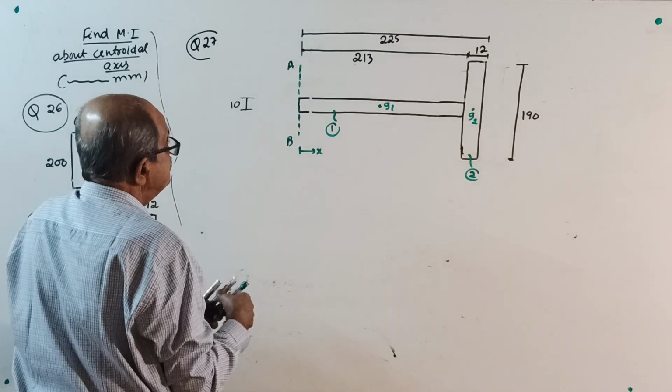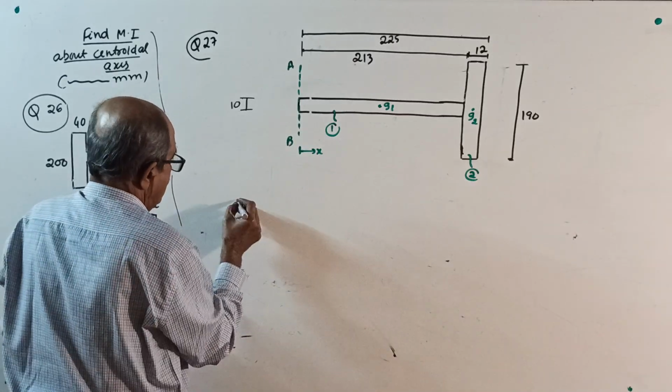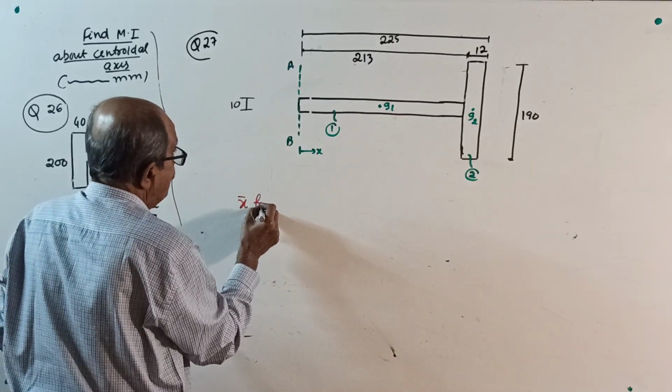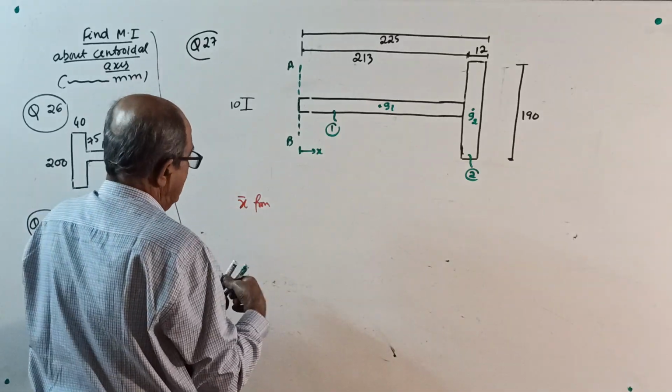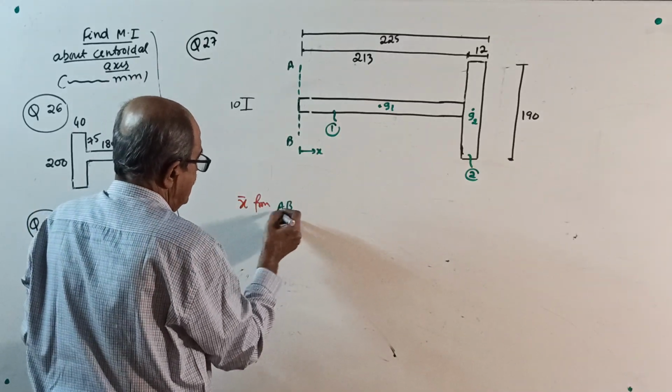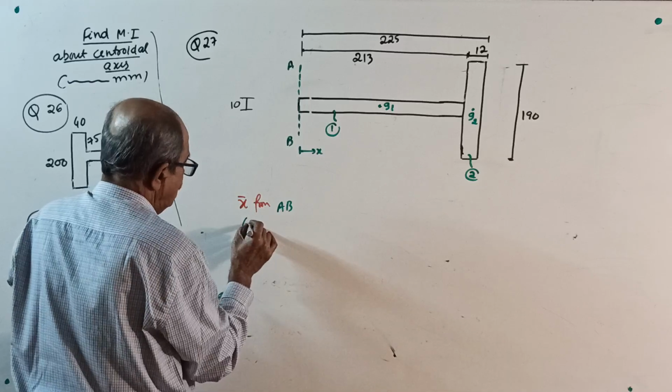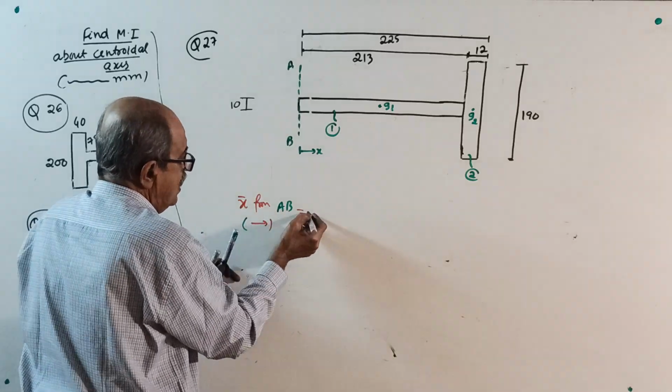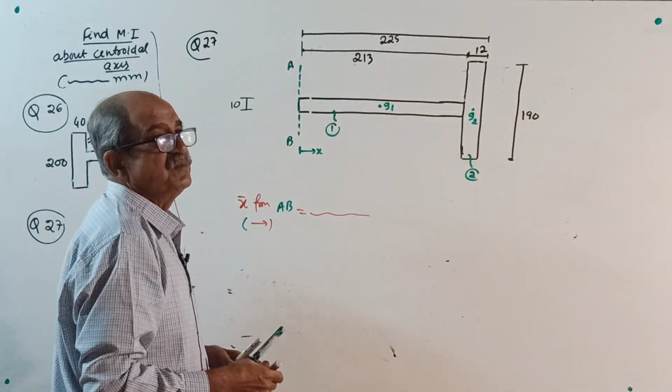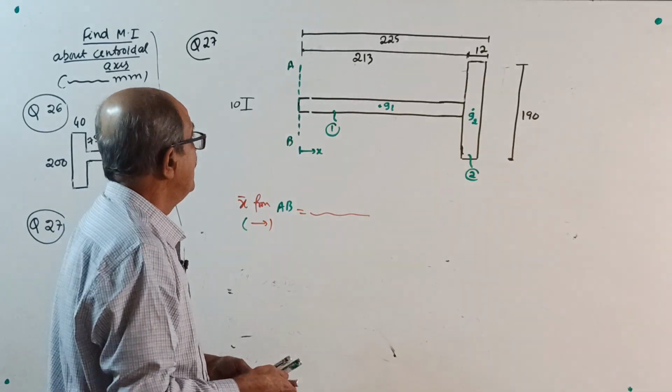Then first calculate X bar from AB. Which direction? X bar is to the right side, equal to, write the formula, A1 x1 plus A2 x2 divided by total area A1 plus A2.